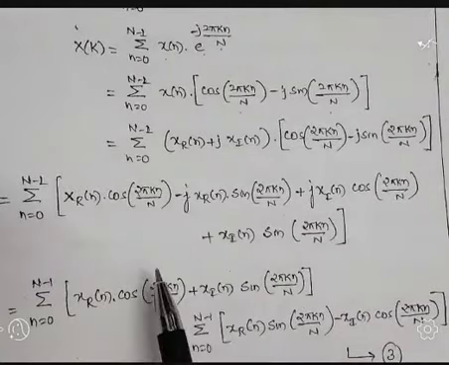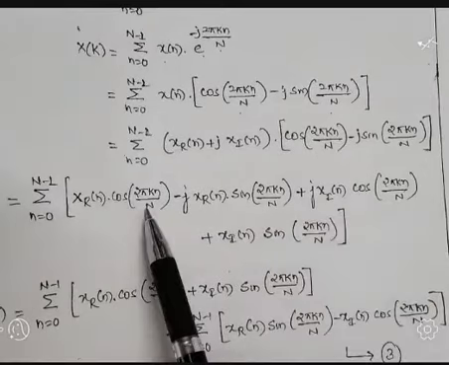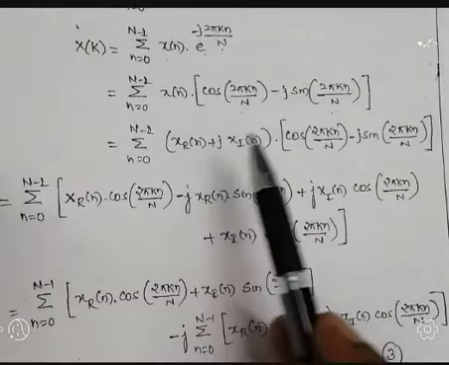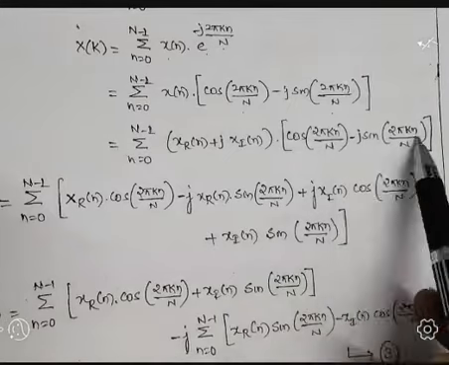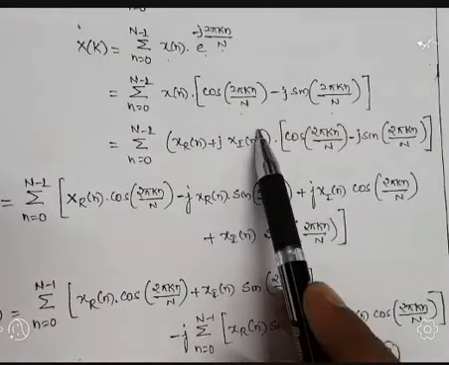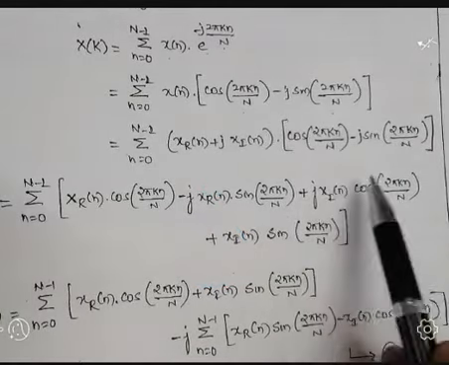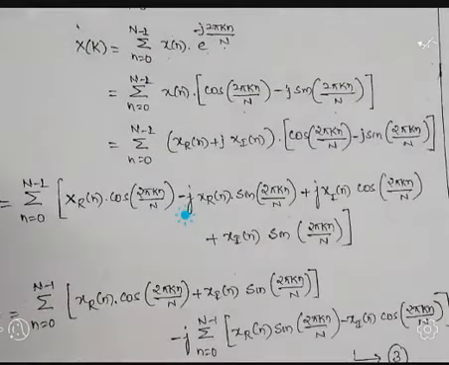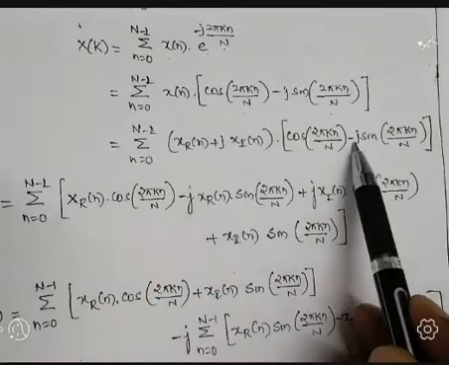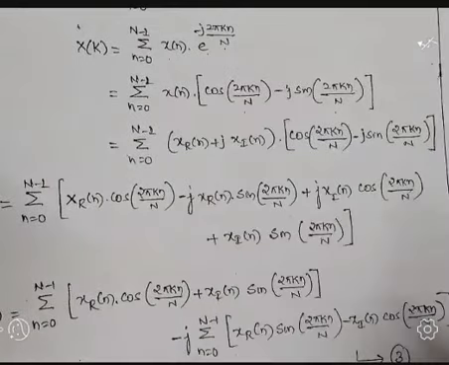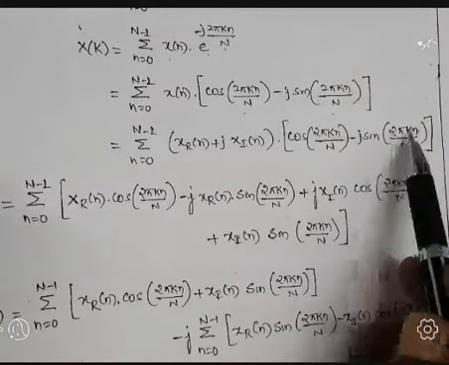First I take x R of n multiplied with cos of 2 pi kn by N. Next, x R of n multiplied with minus j, giving minus j x R of n sine of 2 pi kn by N. Next, I take plus j x I of n multiplied by cos of 2 pi kn by N. Then plus j into minus j is minus j square, and minus j square is minus 1, so minus into minus becomes plus, hence plus x I of n multiplied by sine of 2 pi kn by N.